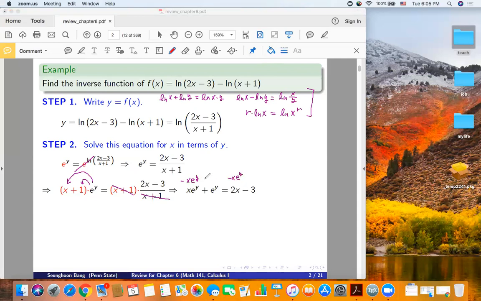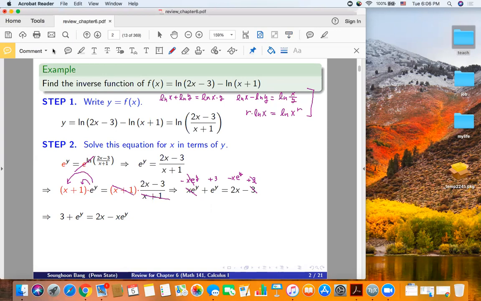So like this, what happens? X e to the y is cancelled. The next, you add 3 to both sides. You have to eliminate 3, you have to move 3 to the other side. So what happens? We have this one, so like this.